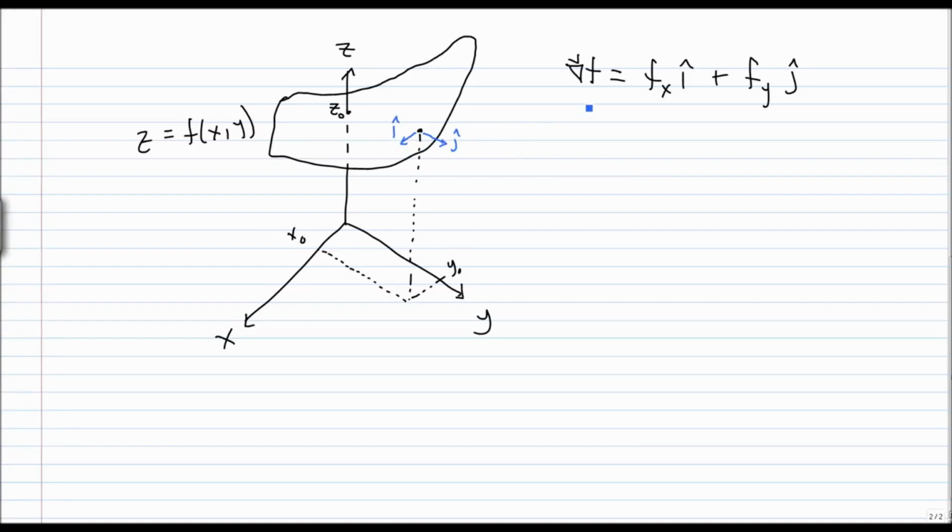The reason I drew this function curled up like this was to hopefully give you some intuition about what this gradient actually means. You can imagine that this function is increasing pretty fast as you move back in the negative x direction.